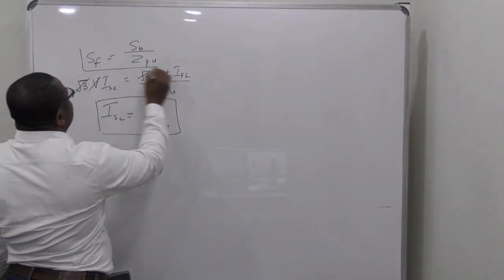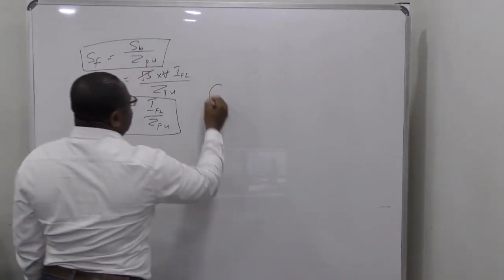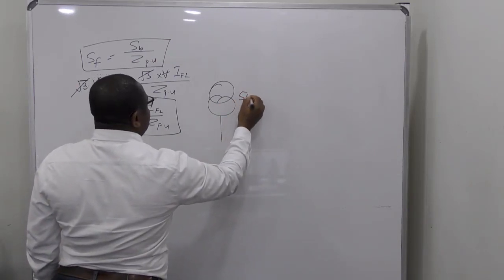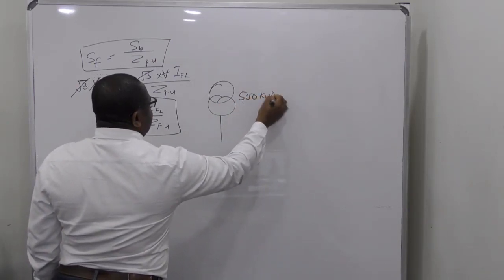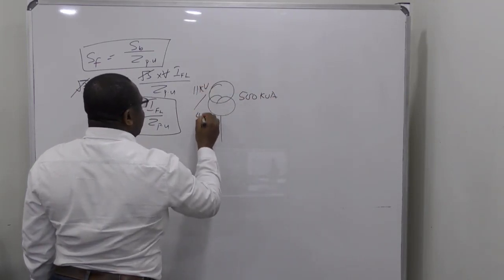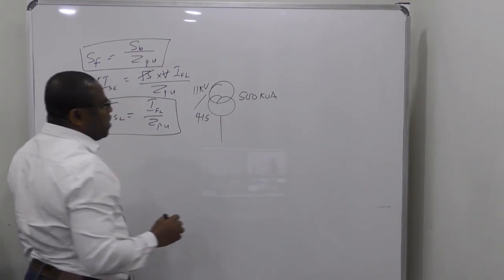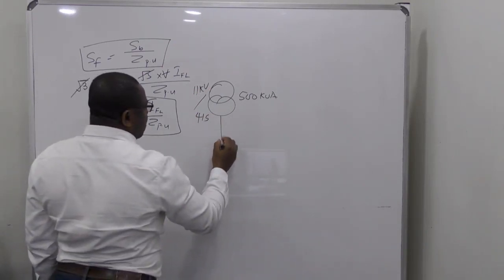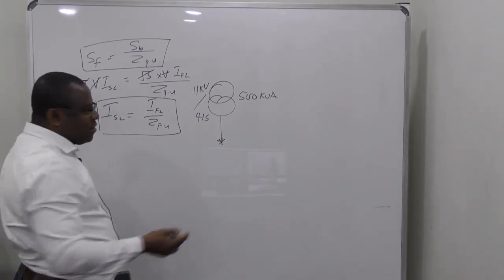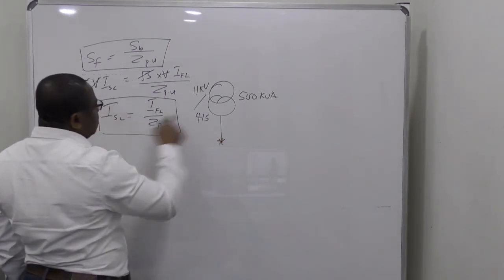You should know this. So if I have a transformer, it's a 500 kVA transformer, and let's say it's 11 kV / 415 volts. If I want to get the fault level here, or the short circuit current at this point, you can still just look for the full load.